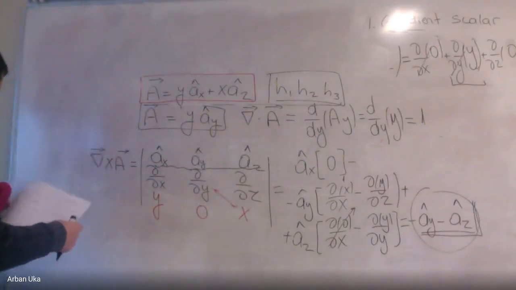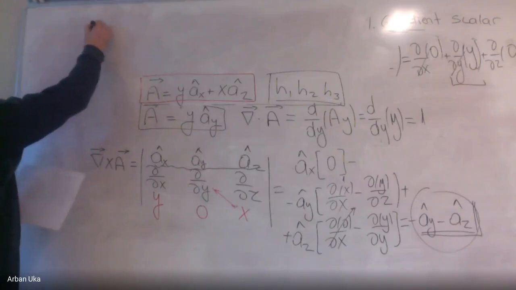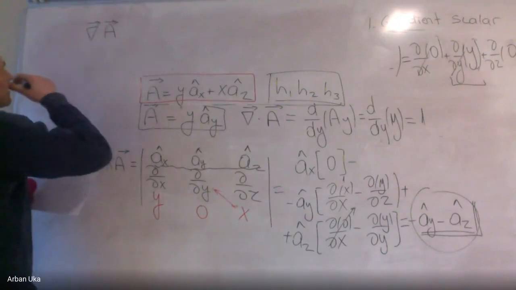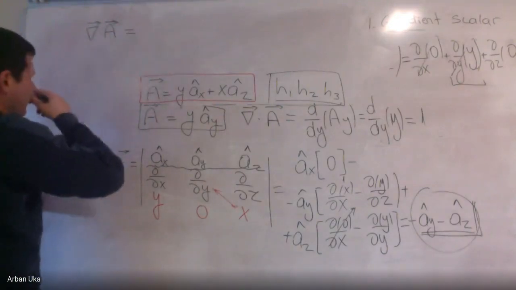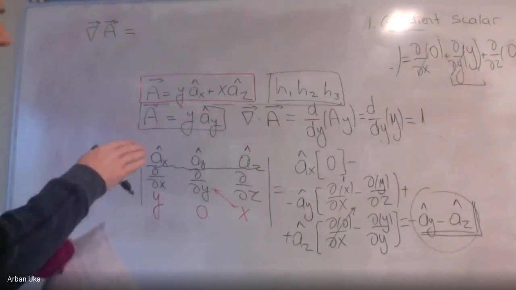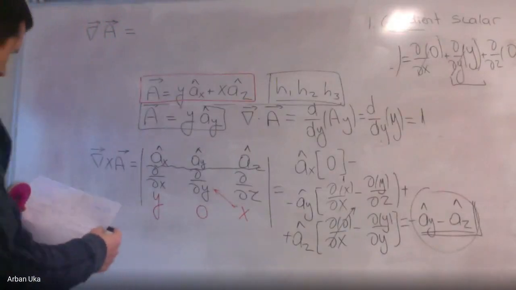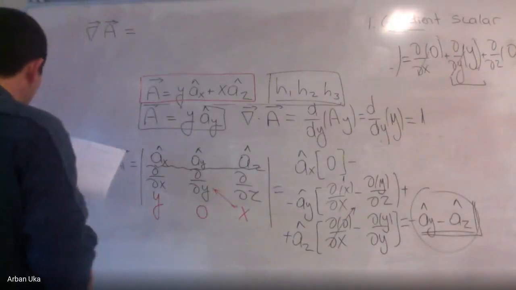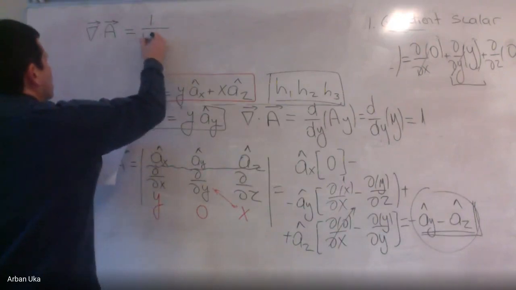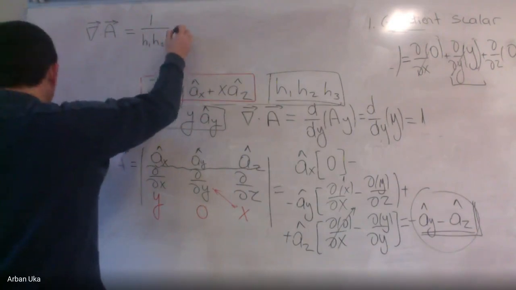And now I just want to mention something, that the divergence operator, we can write as follows. So the divergence operator for all of the coordinate systems, including the Cartesian, because in the couple of examples that we did so far, we had the Cartesian coordinate system, which is a little more trivial. But let's assume we want to write it for any coordinate system, we have 1 over H1, H2, and H3.